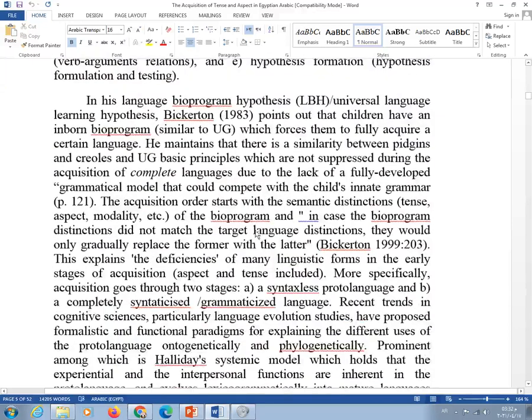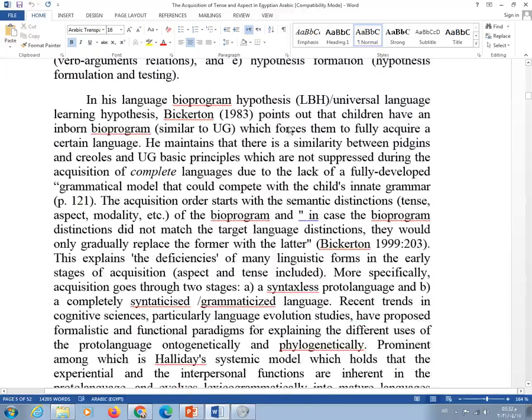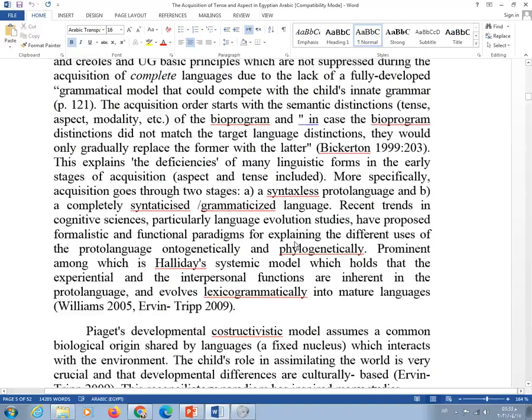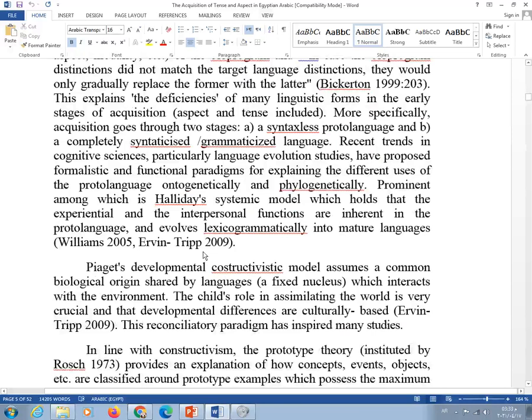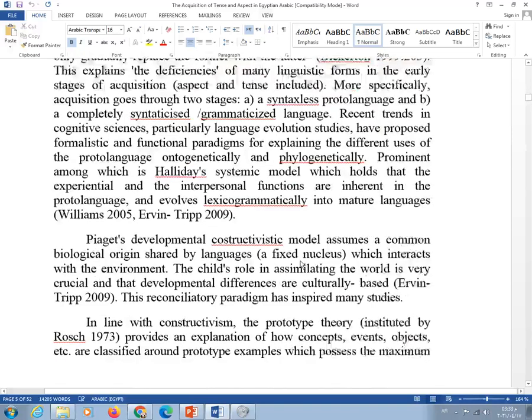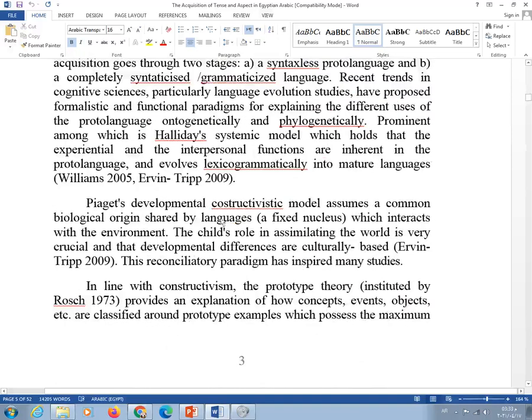This is proposed by Bickerton. Then we also have Piaget's developmental constructivist models, which assume a common biological origin shared by languages, which interacts with the environment. So here he's striking a balance between universal grammar and the role of the environment.